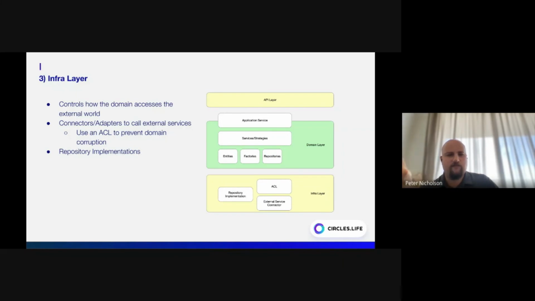None of that's interesting to our domain. Our domain logic doesn't care about that. Or maybe we need to migrate explicitly from calling one service to another because of some migration, right? That again is not interesting to our domain, so that goes in the infra layer. So our logic stays explicit in the domain.